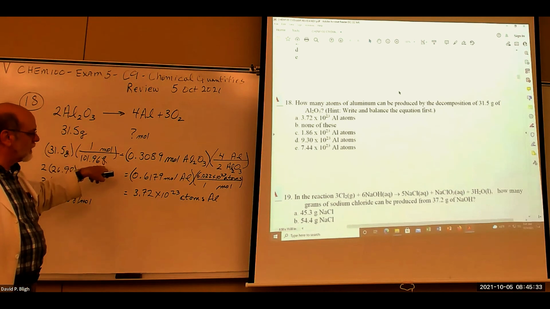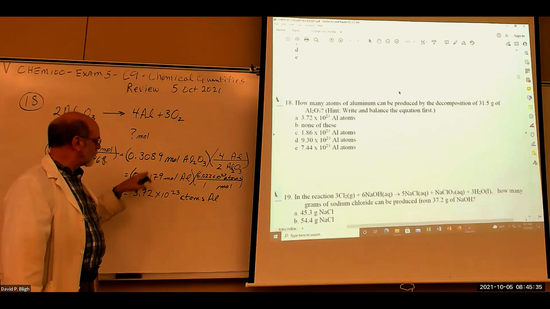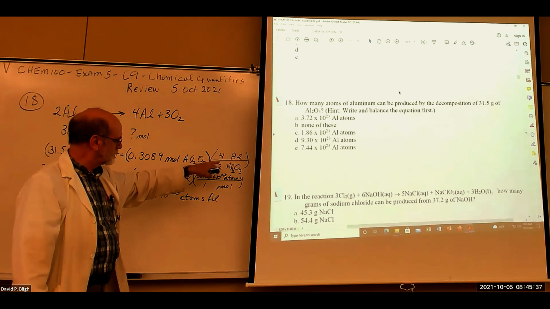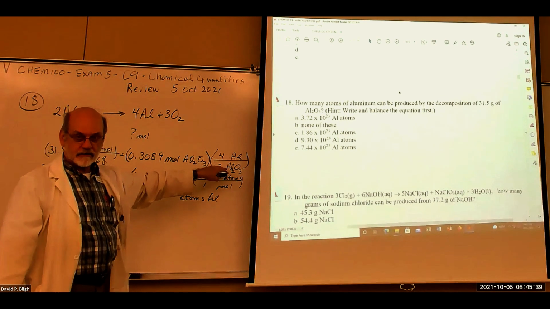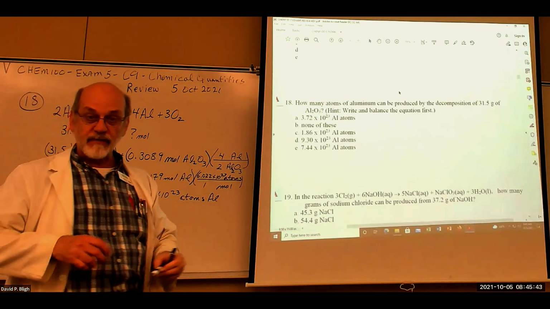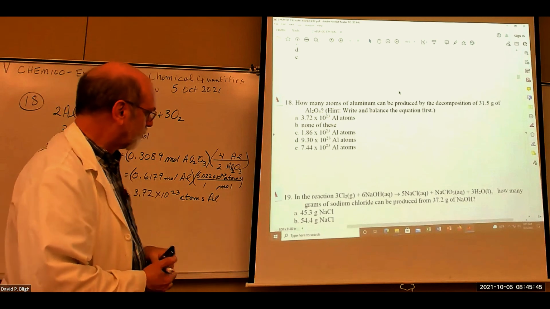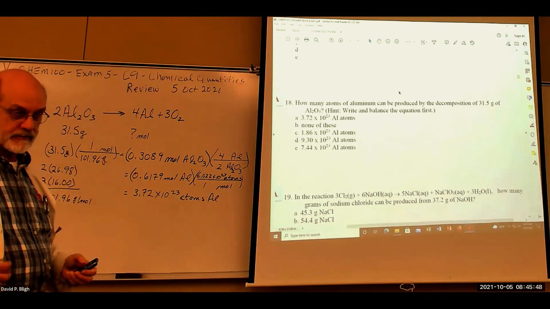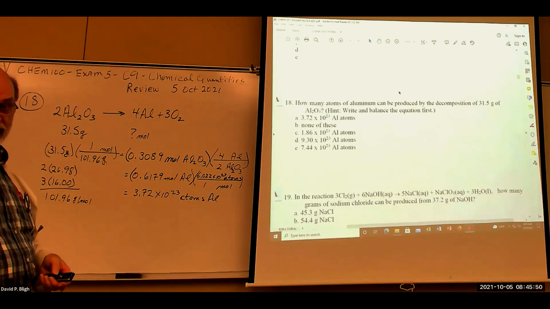Convert mass to moles. Then you convert moles to moles of your target, aluminum. Then you convert to atoms. So it's a step-by-step process. You can't skip any of those steps. There's no quick way to get there.